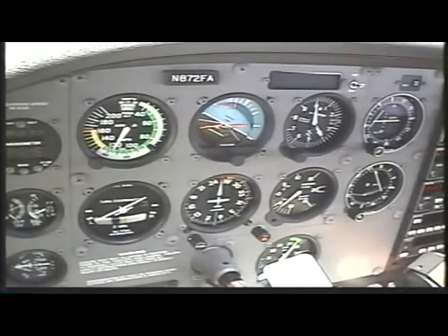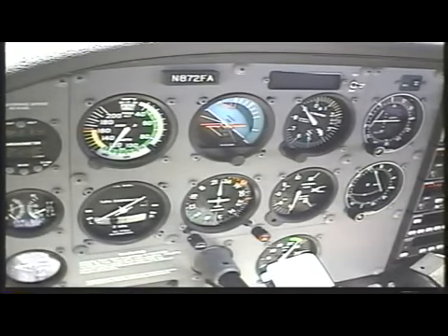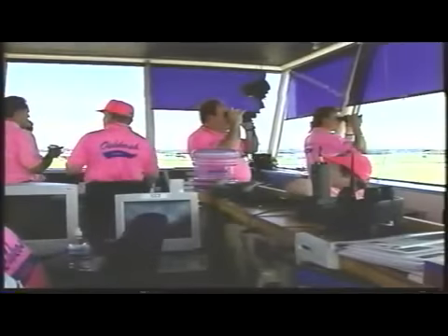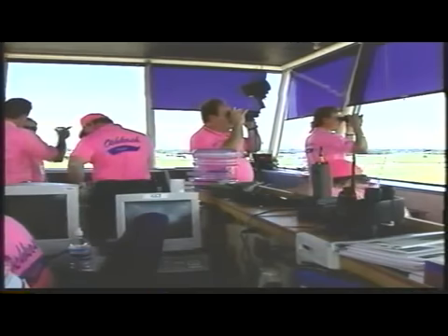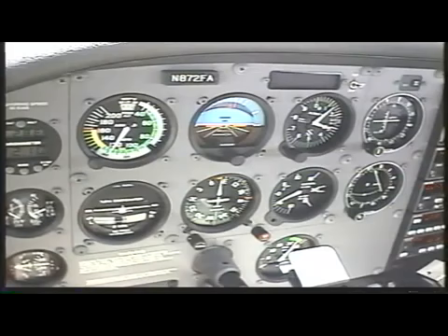For example, if the instruments indicate a spiral dive, reduce power, smoothly shallow the bank, then smoothly reverse the increasing airspeed and unwinding altimeter trends until the airplane is stabilized and in level flight. Once you've regained control of the situation, advise ATC and declare an emergency. Focus all of your attention on flying the aircraft and use ATC to help you navigate to the nearest practical airport.